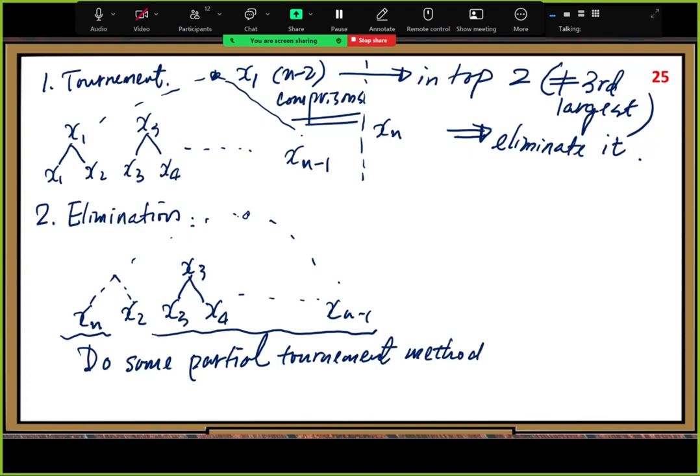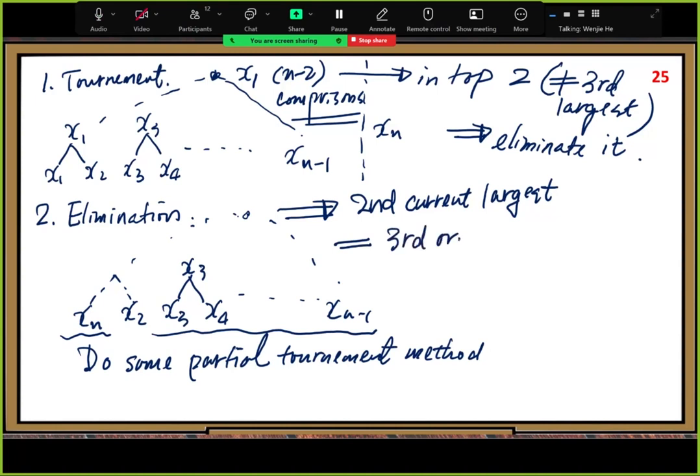Then, because in this round of the tournament, we know the second current largest equals the third original largest, similar to our previous example.